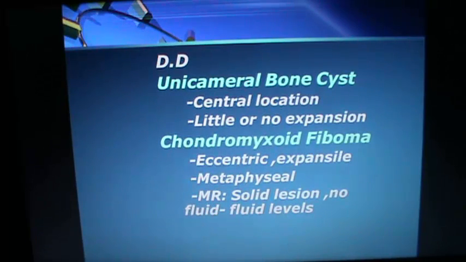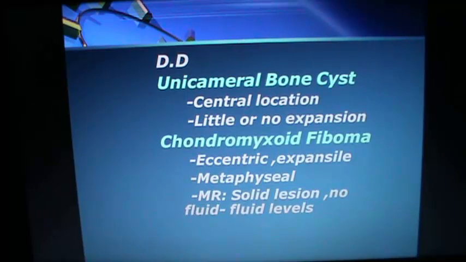If you compare an aneurysmal bone cyst with a simple bone cyst, the simple bone cyst is central, with no or little expansion. The chondromyxoid fibroma is eccentric, and being composed of chondroid tissue, it will result in matrix calcification, either flaky rings or curved lines or mottling.